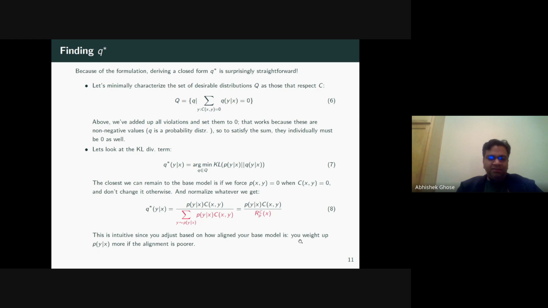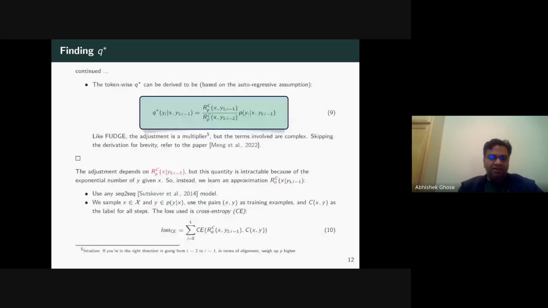And it's also intuitive because if this value is small, the alignment of the base model is low, right? The P gets multiplied by a higher value, right? So you are saying that if the alignment is low, the adjustment is higher, and if the alignment is high, the adjustment is lower, and you would expect that, right? So that's kind of intuitive.